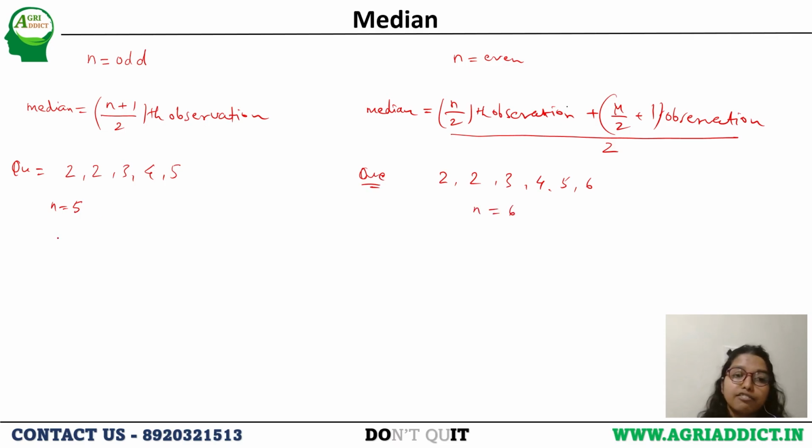Now the first thing we have to do is arrange it either in ascending or descending order. Here it is already arranged. So we will just put the values in this formula and get the answer. Median is equal to, what is n? Here n is 5, plus 1 divided by 2 observation.